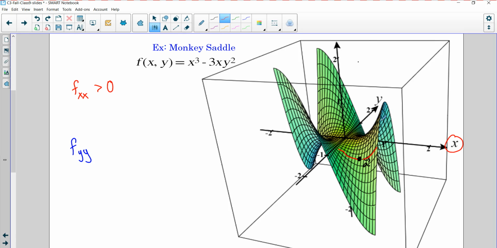Okay, now f sub yy, again, I'm looking for bending in the y direction. Again, y is kind of going in and out of the screen. And so here I can see, okay, well, it's doing this, and then this is kind of where the monkey would sit, right? And his legs would go over on both sides, and this is going to form a curve that is bending down.